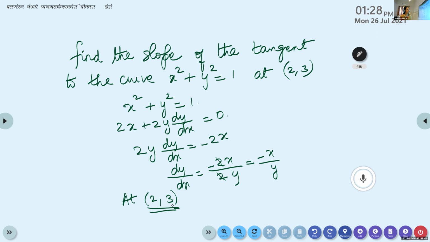Whenever a point is given, after differentiating, substitute for x and y. Here x is 2 and y is 3. So we get dy by dx is equal to minus 2 by 3.